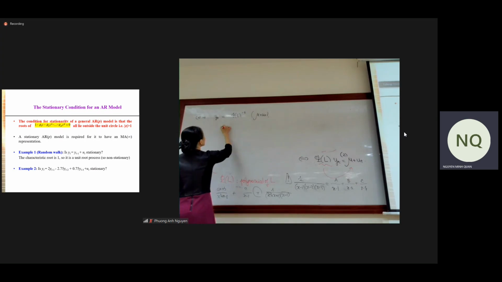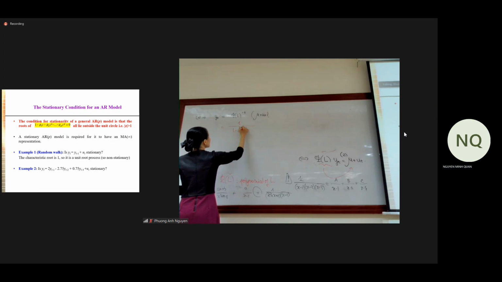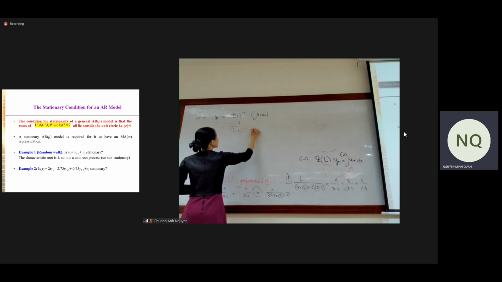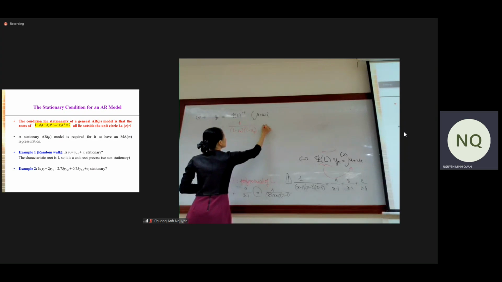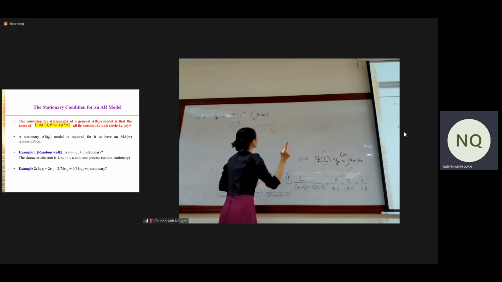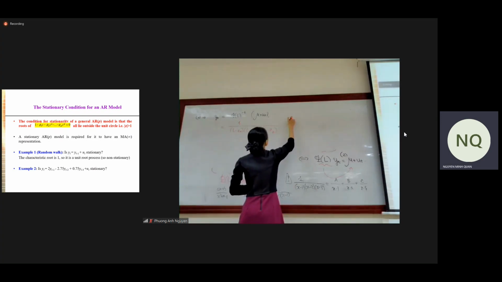So the idea is that now it's 1 over phi L, so I can write 1 over L minus Z1, L minus Z2, up to L minus Z, how many? B, because you have a polynomial of order B. Times mu plus ut.